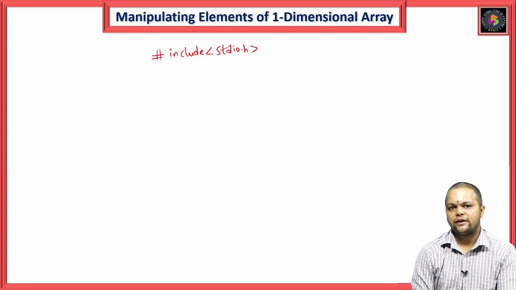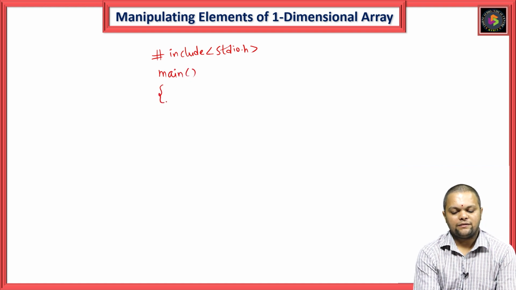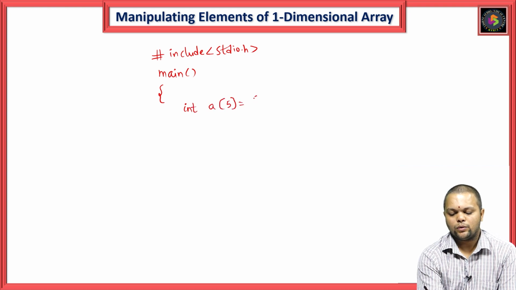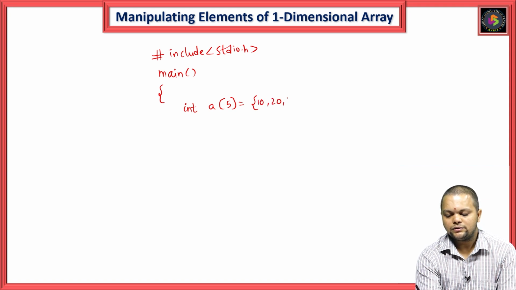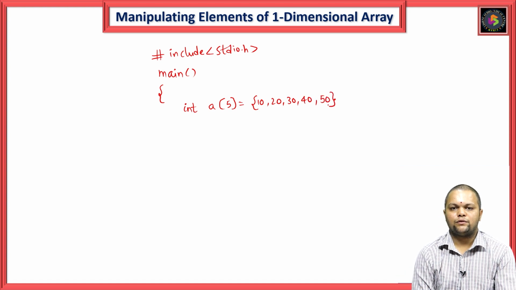This is nothing but a header file. After that, I have taken a main method. After this, I am taking an array: int a[5] equal to 10, 20, 30, 40, 50.